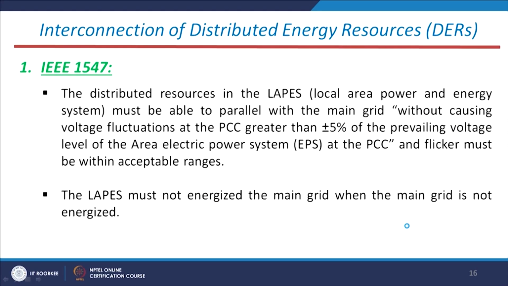And this is also another point I want to mention: the distributed energy sources in the local area power energy system, that is LAPS, must be able to parallel with the main grid. It should operate properly with the main grid without causing voltage fluctuations at the PCC greater than plus minus 5%.